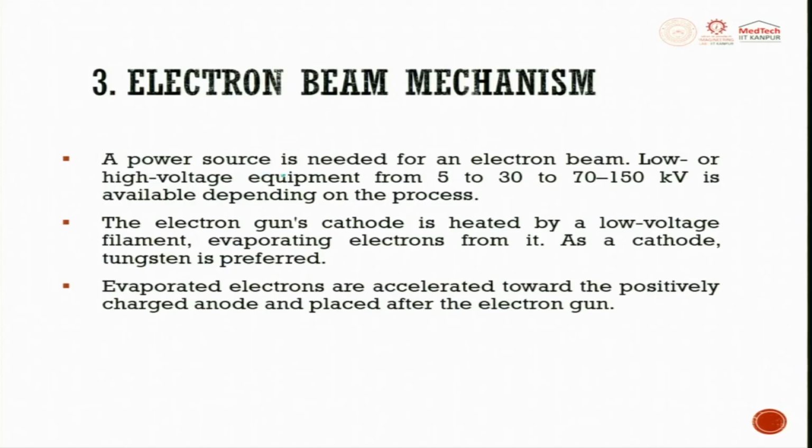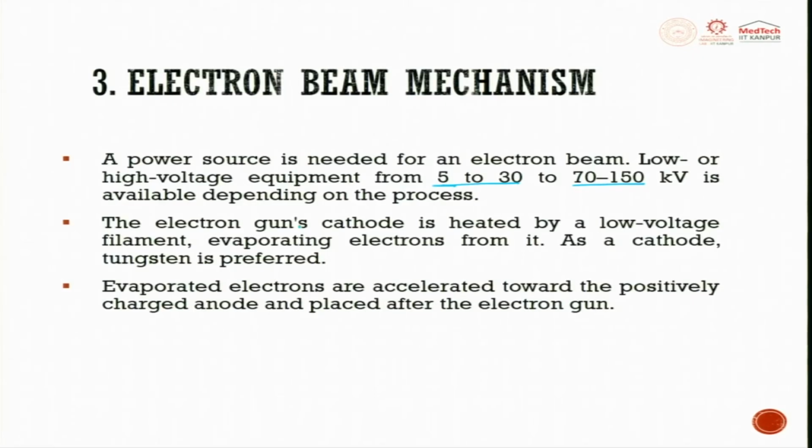Power source is needed for an electron beam to be created. Low or high level voltage equipment, from 5 to 30 or up to 70 to 150 kilovolt, is applied between the electrodes. So, it is available depending upon the process. Very high power source you need.